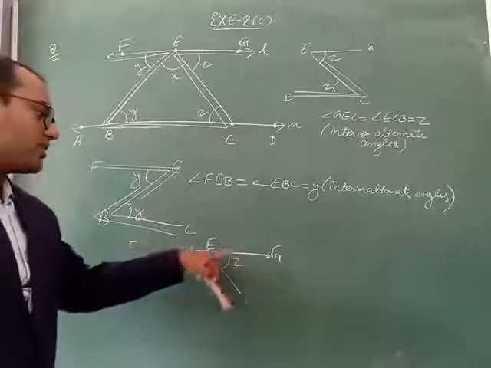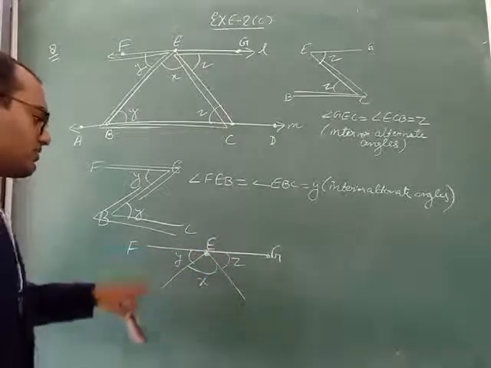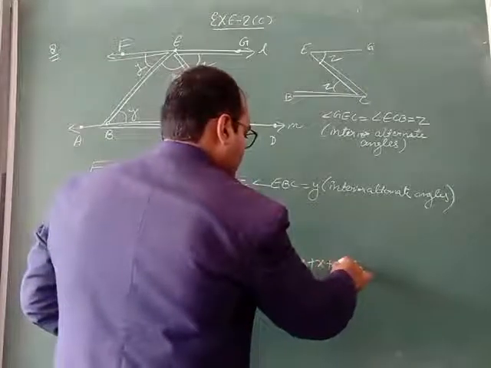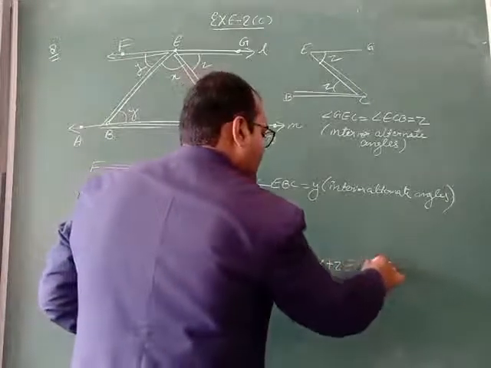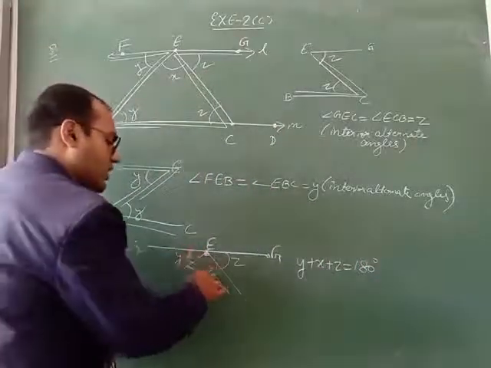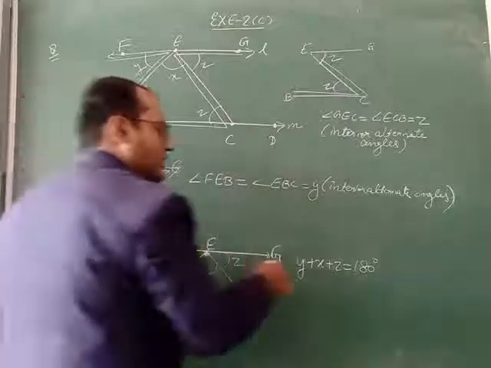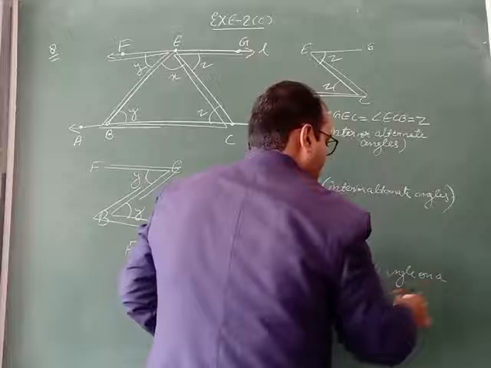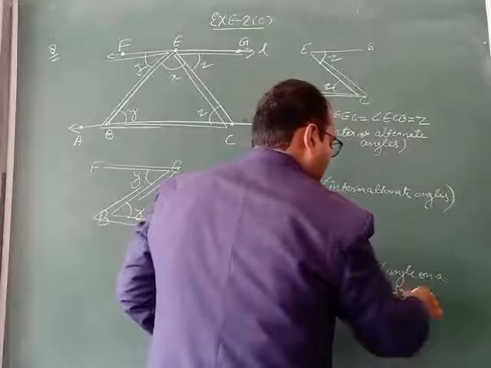The sum of all three angles, Y plus X plus Z, we will take as 180 because this is the property. Which property? All three angles are coming on a straight line, so we will write angles on a straight line.